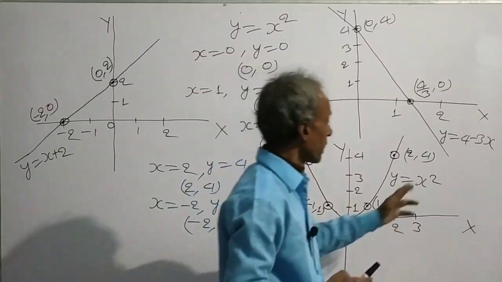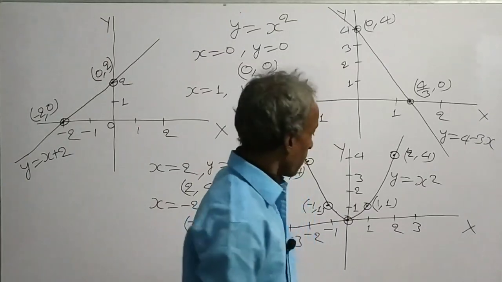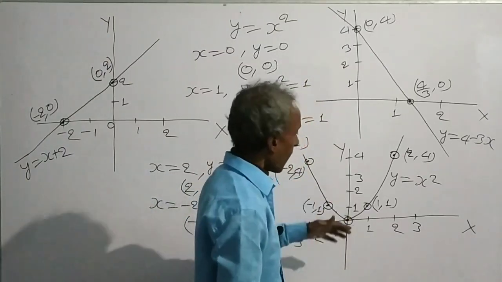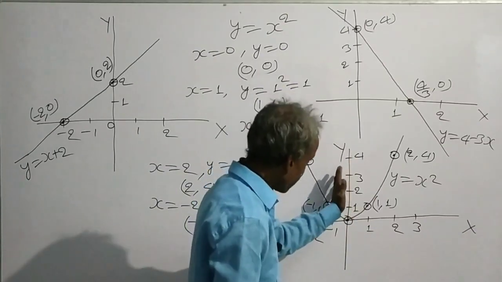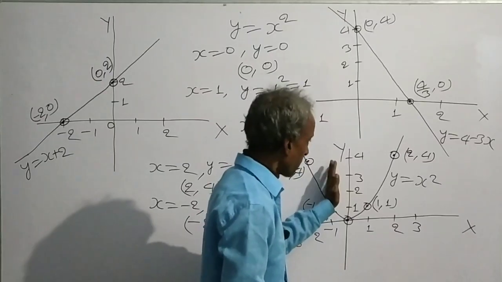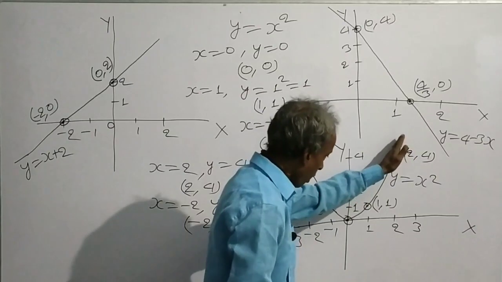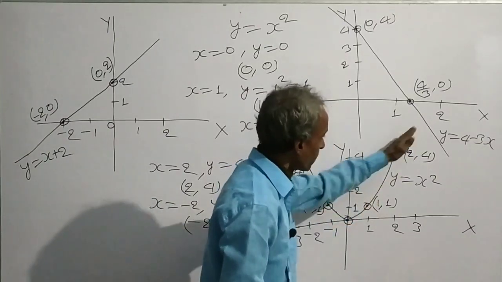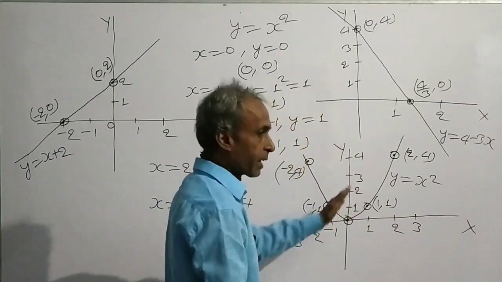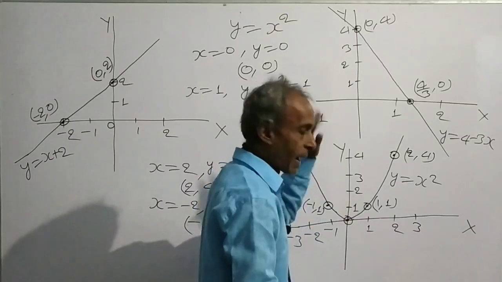Actually, y is equal to x square is a parabola whose vertex is the origin and it is symmetric about the y-axis. That means when we take the image of the part of this parabola lying on the right side of the y-axis in the y-axis, we get the part of this parabola lying on the left side of the y-axis.